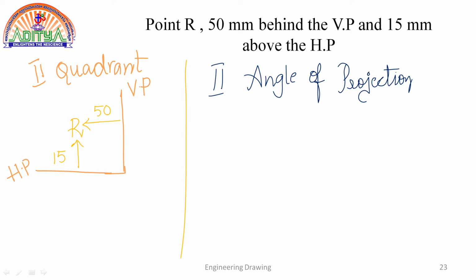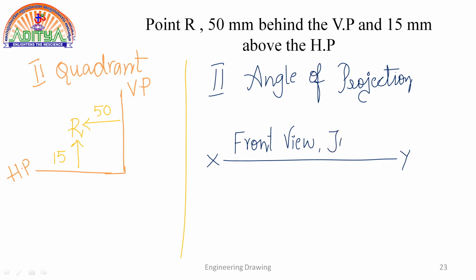This is the reference line. In the second angle of projection, both the front view and the top view are above the reference line.